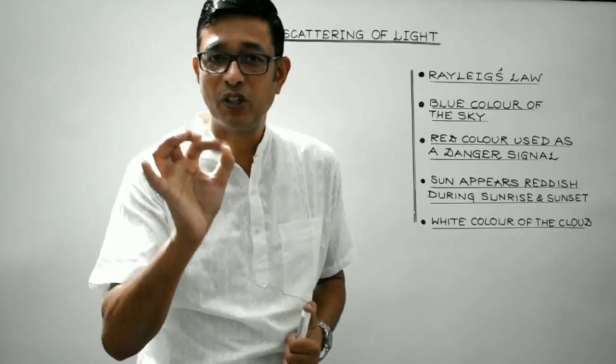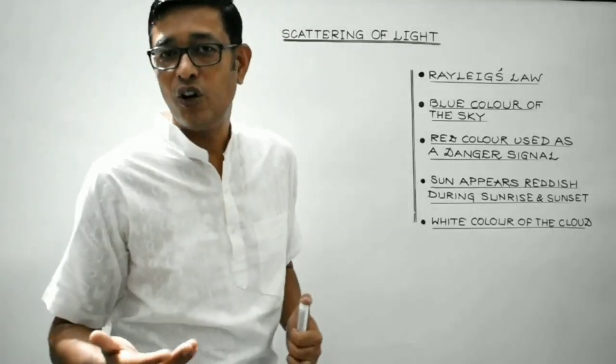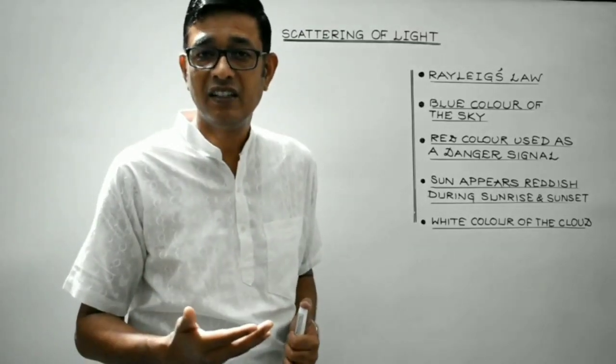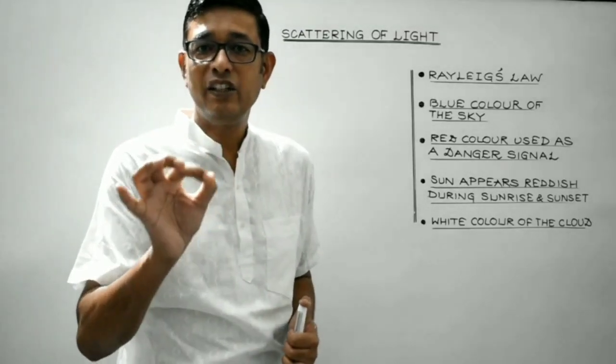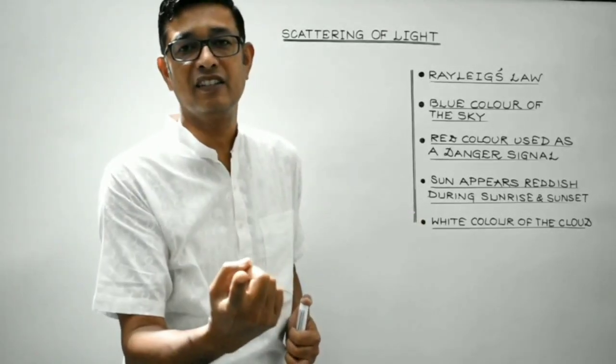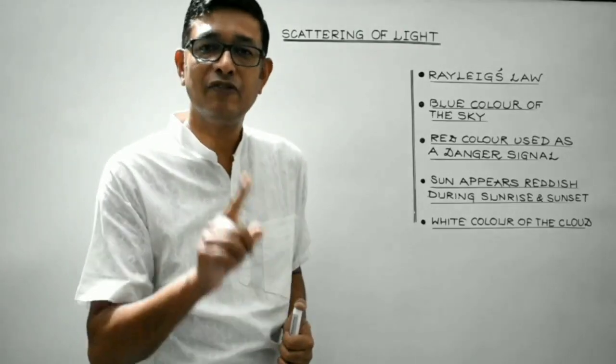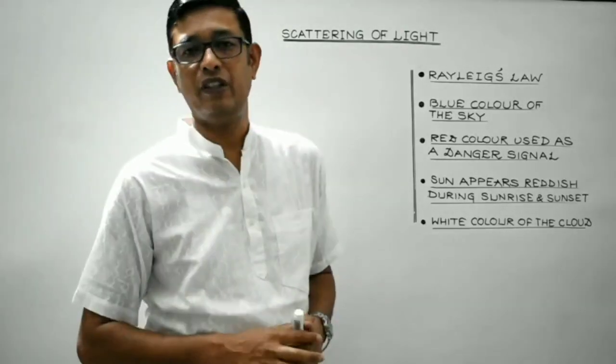And what's the statement of this law? According to Rayleigh's law of scattering, the intensity of light corresponding to a particular wavelength in the scattered light varies inversely as the fourth power of the wavelength of the light.